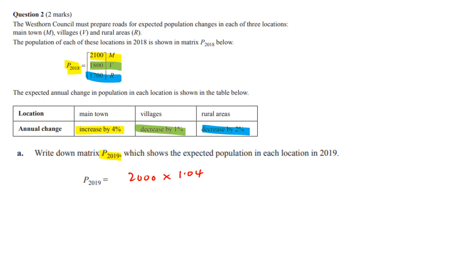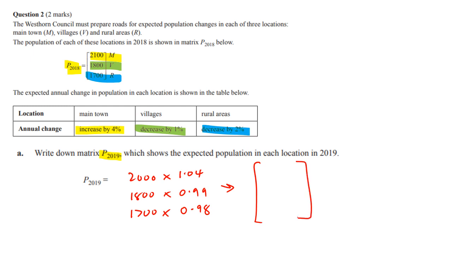And then villages is going to be 1,800 decreased by 1%, so that's times 0.99, and then rural areas is 1,700 times 0.98, and you just put those in a matrix.